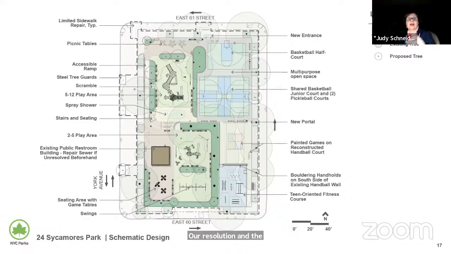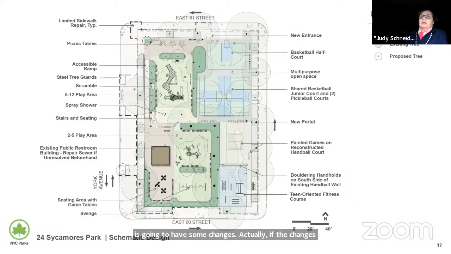And we will tell them that the upper right-hand corner is going to have some changes. Actually, if the changes occur before our full board meeting, we'll use the new plan. But otherwise, we'll use this plan and say that Parks is coming back to us with the minor changes they're going to make in that area. It'll still be basketball and pickleball, but the courts just may be turned around.